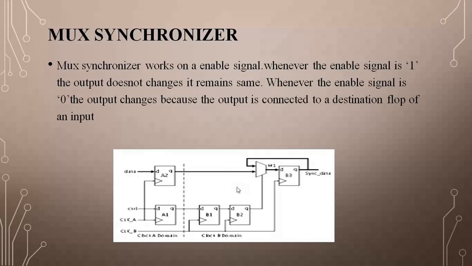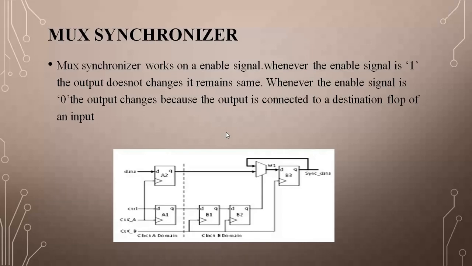Why? Because the output is connected to the input of a destination flop. So whatever output we get from the mux is connected to the destination flop, hence the output may change. So how do we explain the mux synchronizer? The mux synchronizer mainly works on an enable signal.